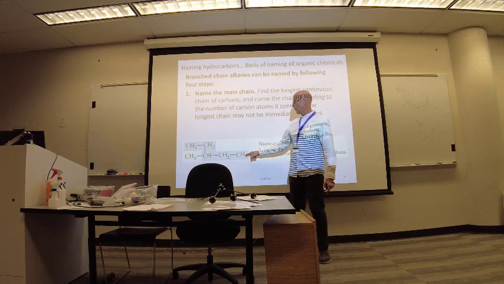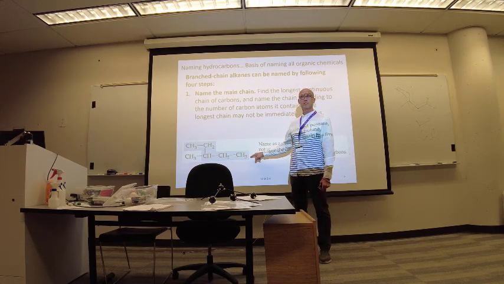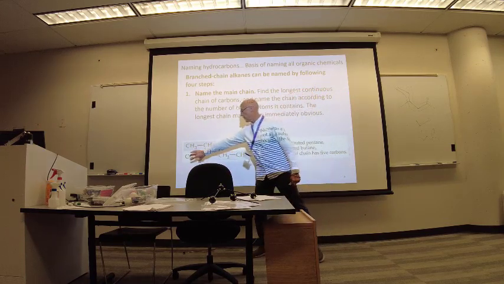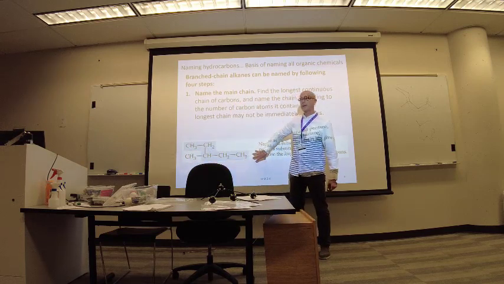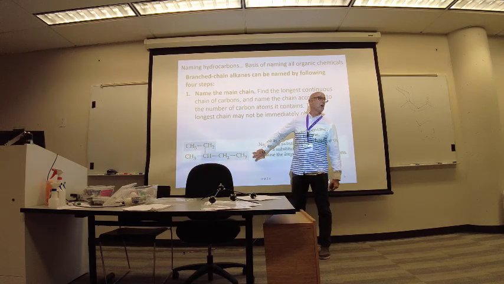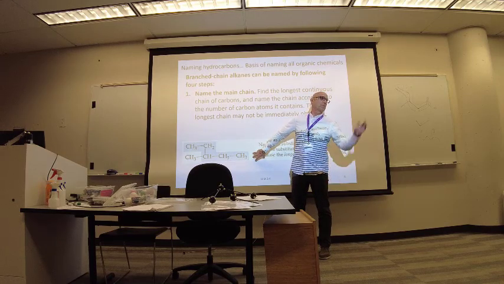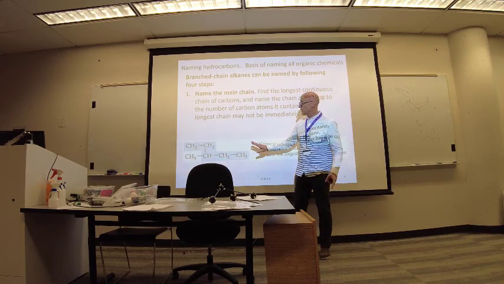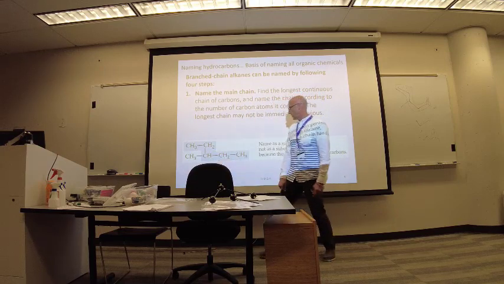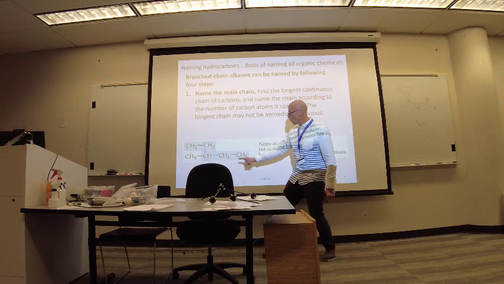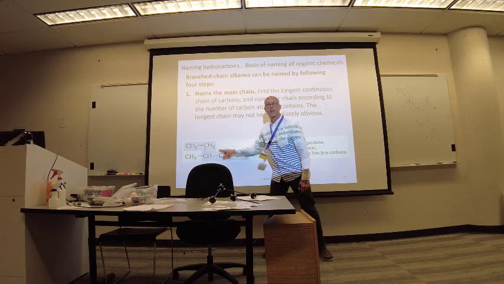Could I attach a methyl on the end? Trick question. Just pretend I pulled it and put it on the end. Would that be a branch? No, it'd be part of the new longer chain, and that would be the end of that story. So the only places it could be are here or here, two different positions.